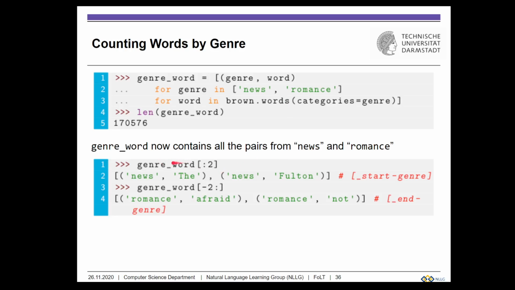We can check by looking at the beginning. At the beginning, we have the genre news, so it starts out with the Fulton, as we have seen. We can then check the end, so these are the last two words in Python notation of this list. And you'll see the end is the romance genre. It ends with "afraid not". Okay.